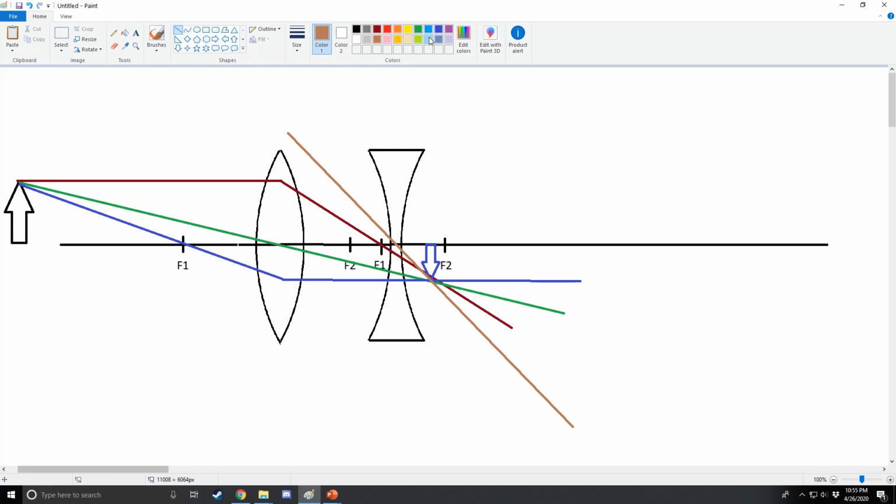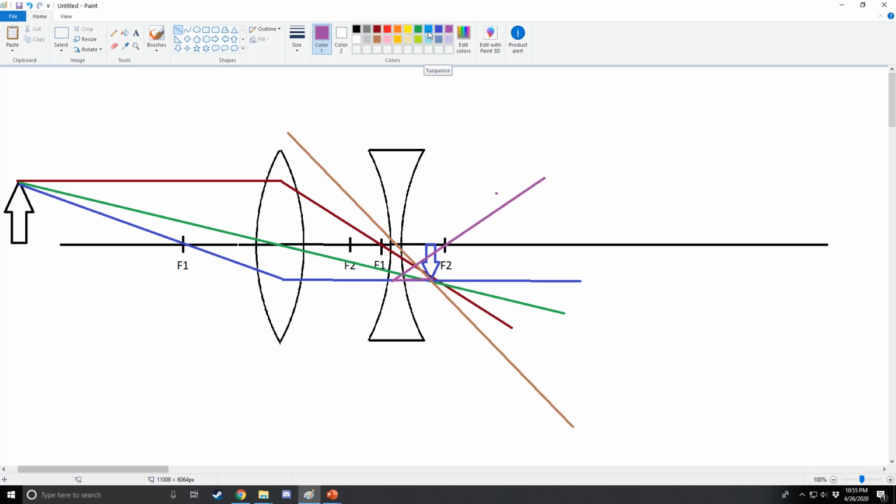Then I'm going to have a line that's also going to go parallel, but instead of going through the focal point like it would through the converging lens, it's going to actually go through this focal point. Remember, that's how it works. It's going to go opposite it.